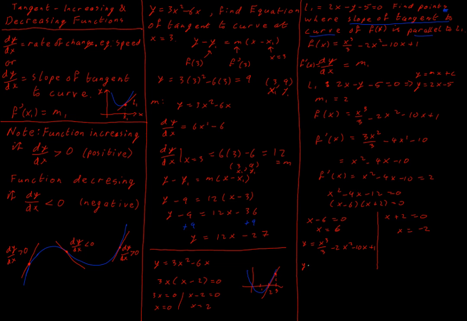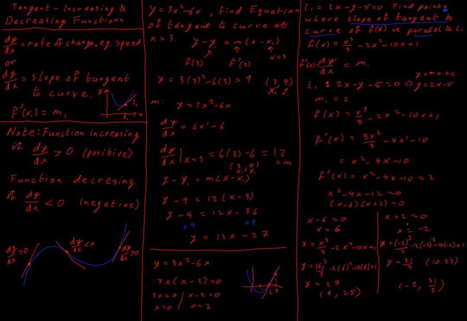Subbing in, you get y is equal to 6 cubed all over 3 minus 2 on 6 squared minus 10 on 6 plus 1. Subbing all that in, I get 25. So this point is going to be x is 6, y is 25.